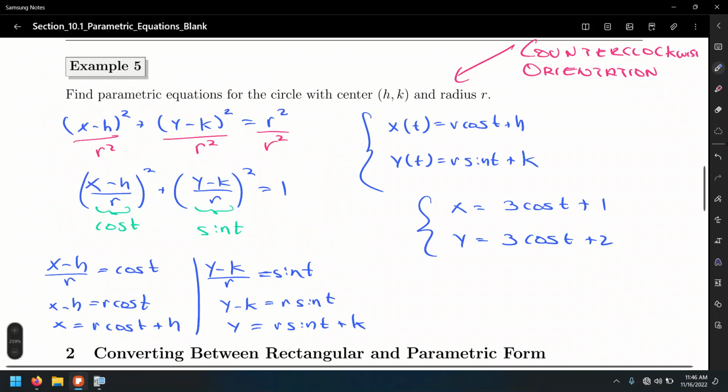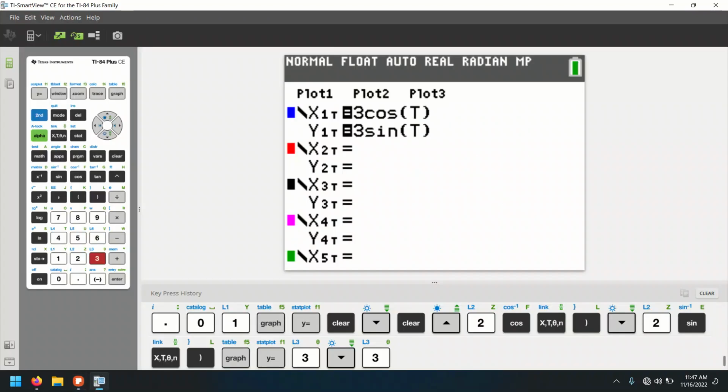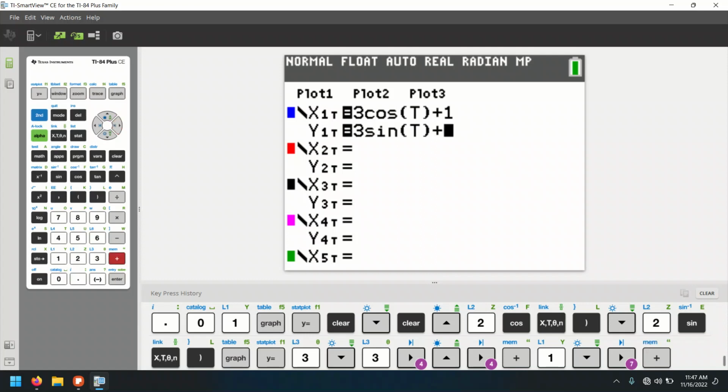Did I make a mistake? Oh, come on. Yes. Thank you. All right. Okay. So that's 3 cosine t, and oops, that's plus 1 and plus 2. So we should get a circle centered at the point (1, 2) with a radius of 3 and traversed in the counterclockwise direction.